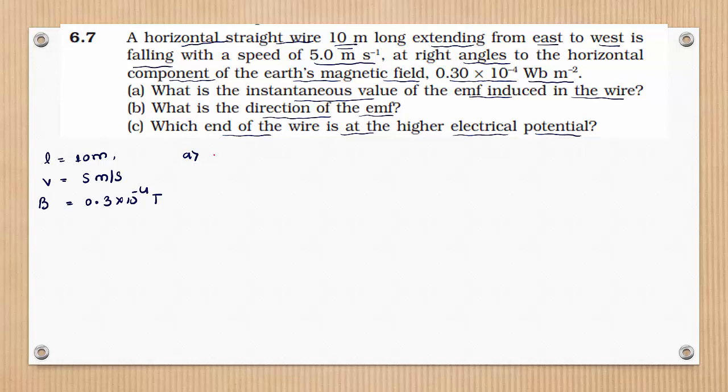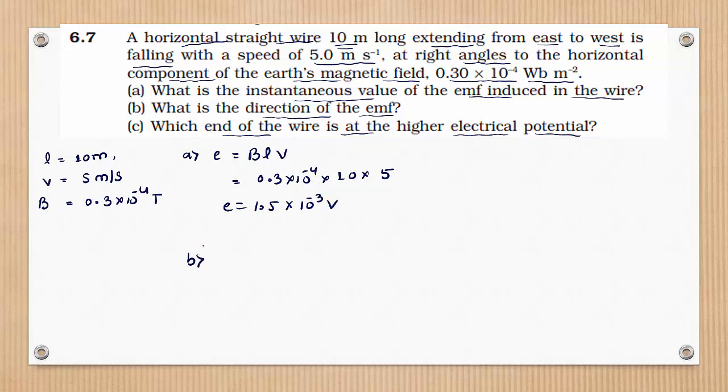The suitable induced EMF formula is B L V. All the values are given. B is 0.3 into 10 raised to minus 4, L is 10 meter and V is 5 meter per second. Substitute the values. We will get the final answer E equal to 1.5 into 10 raised to minus 3 volt.